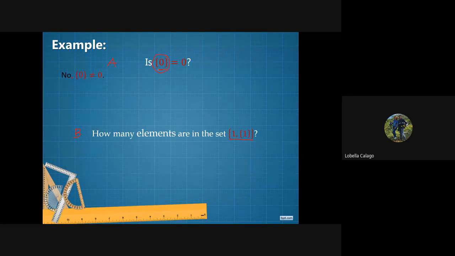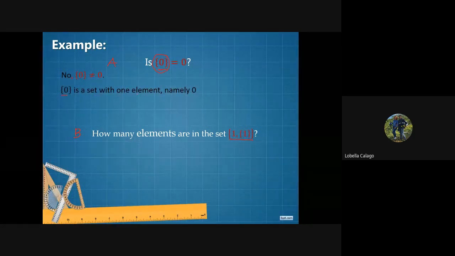This set contains the element 0. So they are different. This one is a set with one element, namely 0, while 0 is just the symbol or number that represents the number 0. So they are not the same. One is a set, and the other is just a number.